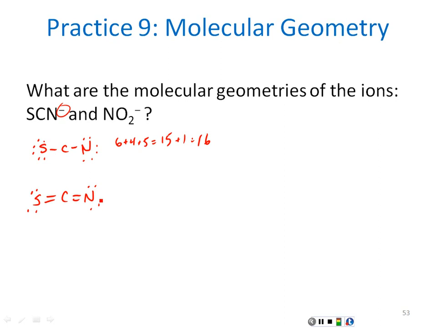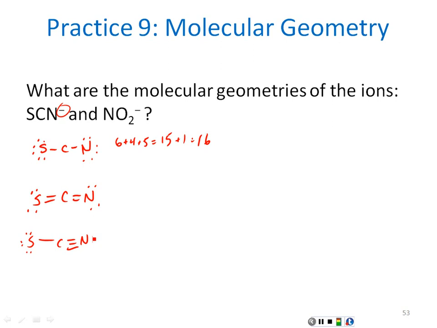There are a couple of possible choices for this molecule. You can have a triple bond to nitrogen as well. But to choose, we're going to have to think about formal charges.